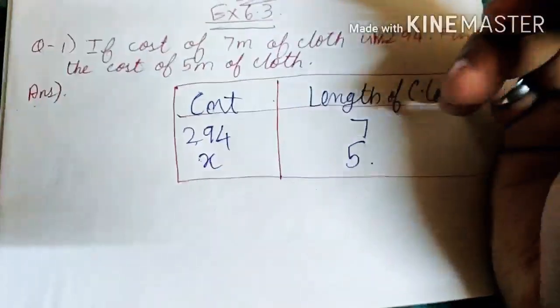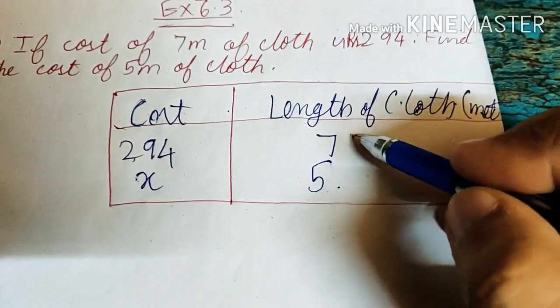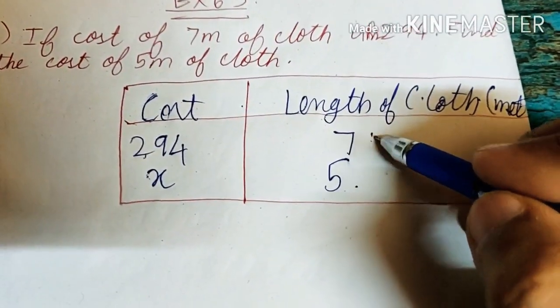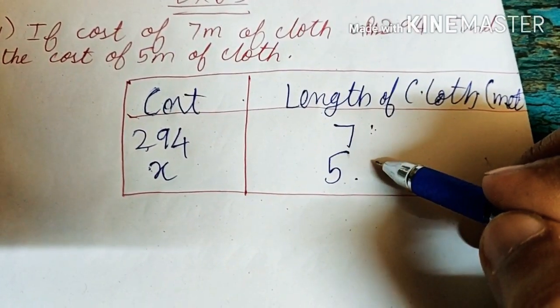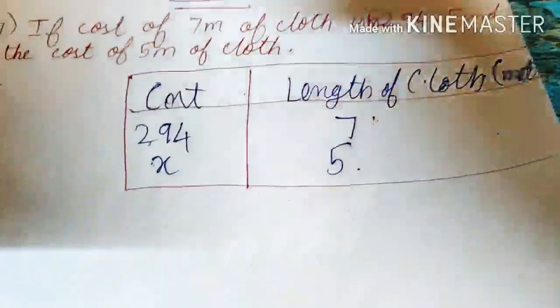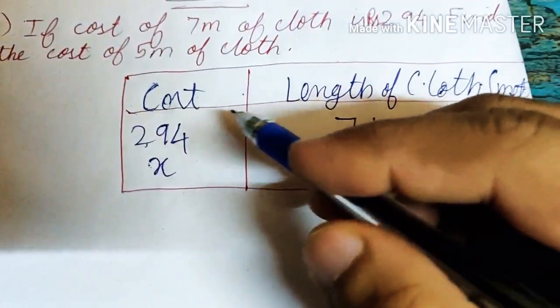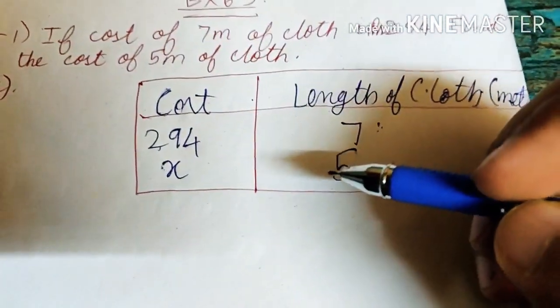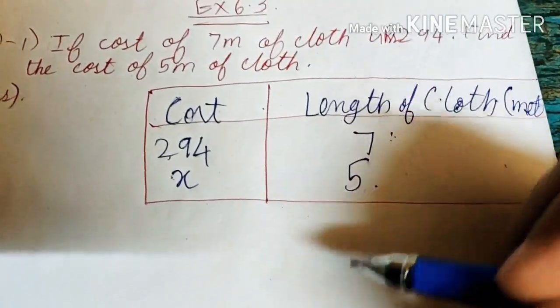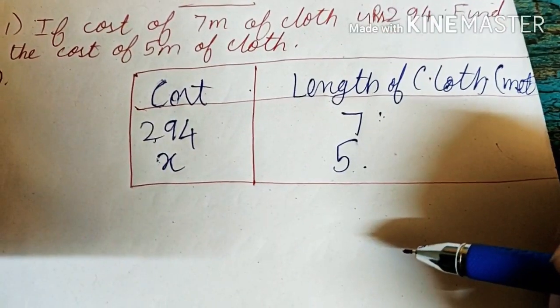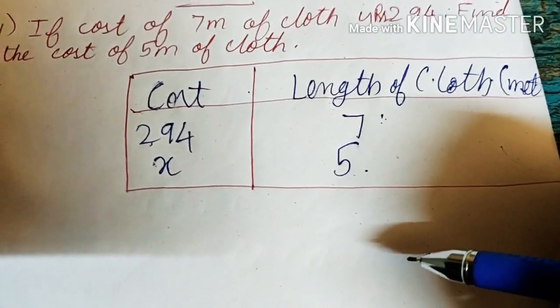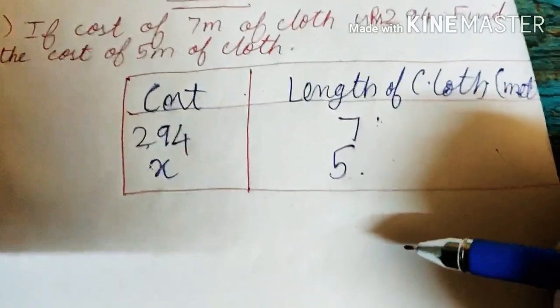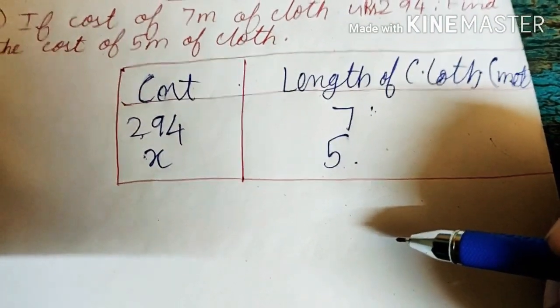If we see in general terms, if the length of cloth will decrease, then definitely the cost of cloth will also decrease. Like if you buy 2 meter cloth for rupees 50, then 1 meter cloth cost will be rupees 25.